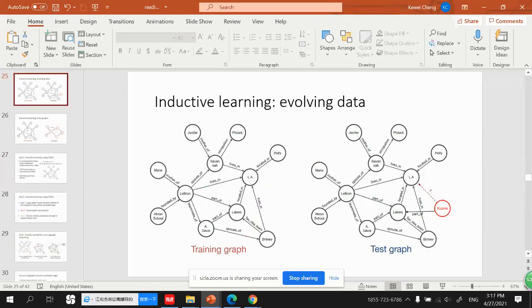If this is the training graph we can observe, then by learning the embedding based on this training graph, we can encode the structure information into the embedding of each node. But when we try to handle a new node, if we do not retrain the whole graph, we can never encode the structure.